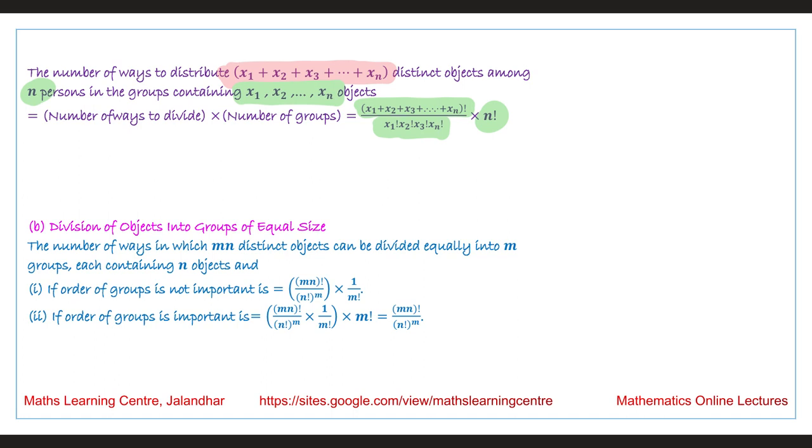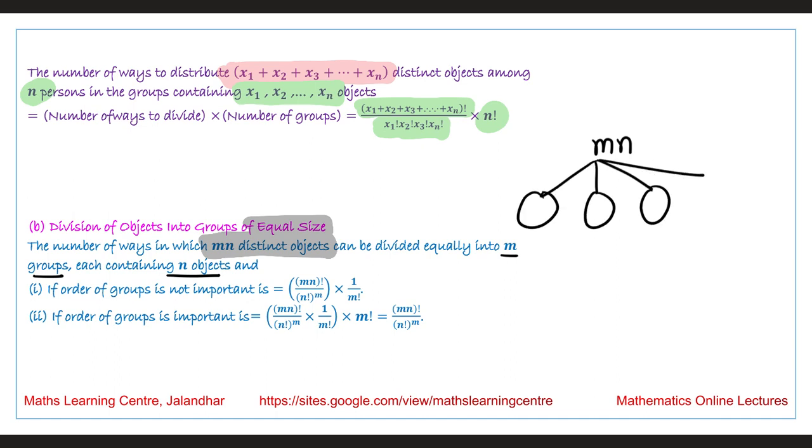Now next we have the division of the objects into groups of equal size. Now we are saying we have equal size. So it is given that the number of ways in which mn distinct objects, now the total number of objects we have is m into n, are to be divided equally into m groups, each containing n objects. So we want to divide it into groups. The first group should contain n objects, the second group should contain n objects, and the last should contain n objects.